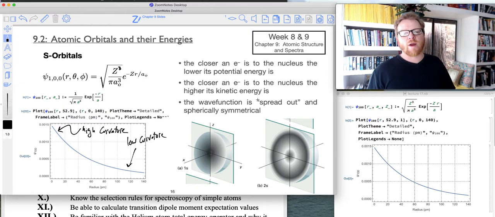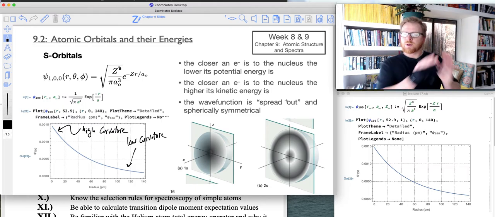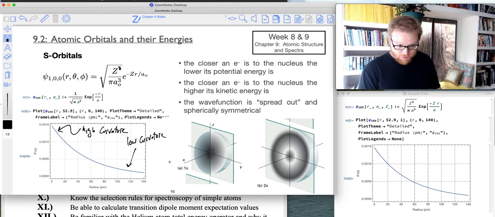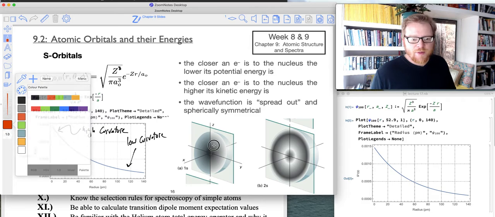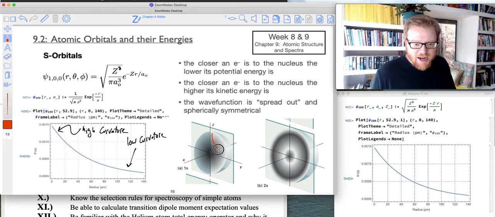Our s orbital wave function is spread out, smeared out, just like you can see with this exponential decay, and it's spherically symmetrical. This is just looking at the radial component. I've plotted the whole psi 100, but on this type of graph, it only shows us the radial component. If we look at a three-dimensional representation, we can see that exponential decay given as this shaded area.